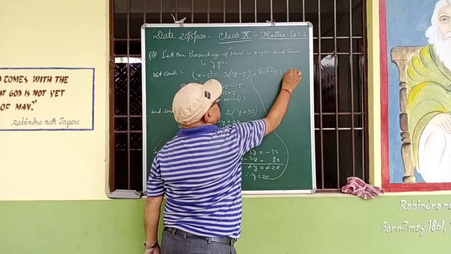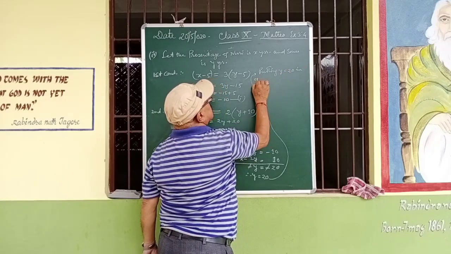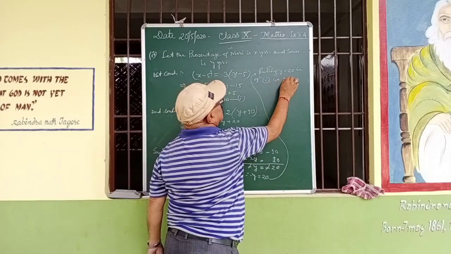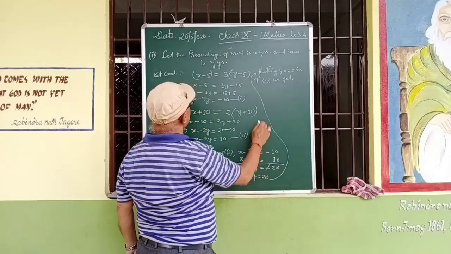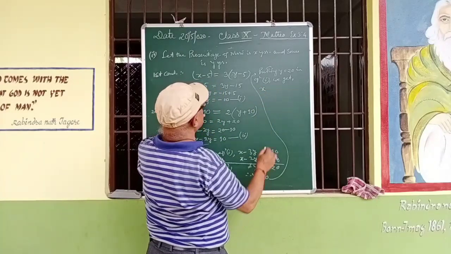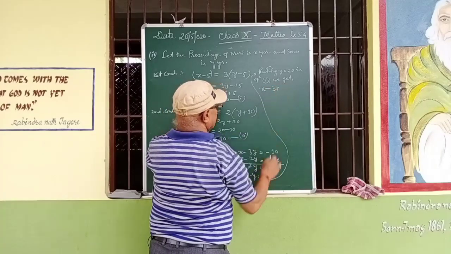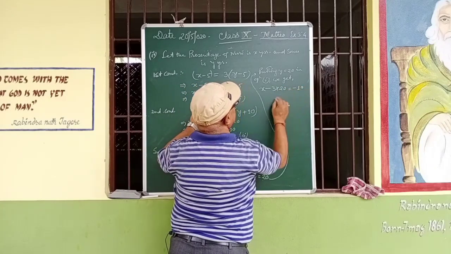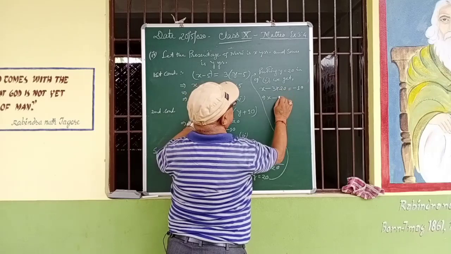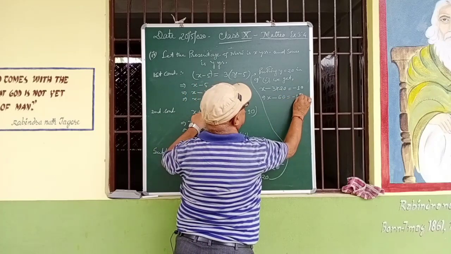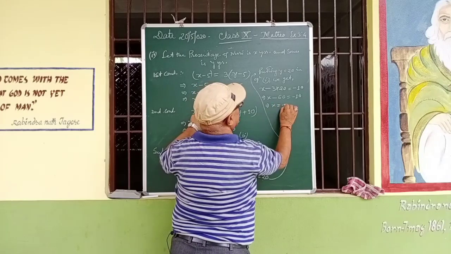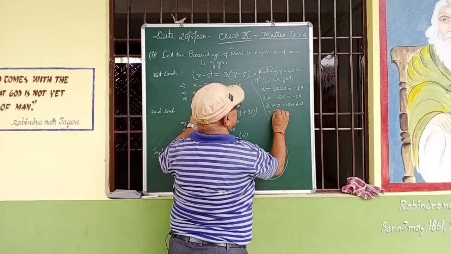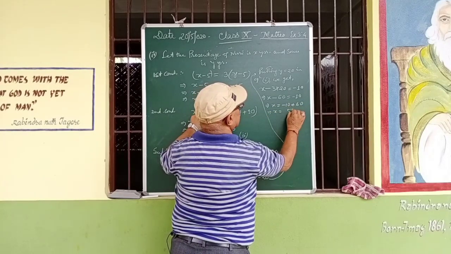Putting y is equal to 20 in equation 1, we get x minus 3 into y, y is 20, so we put here 20, is equal to minus 10. x minus 3 into 20, 60 is equal to minus 10. x is equal to minus 10, this will come plus 60, minus 10 plus 60 is 50.